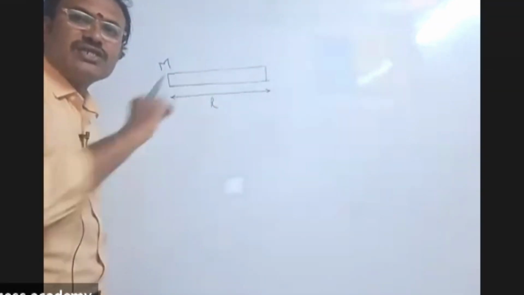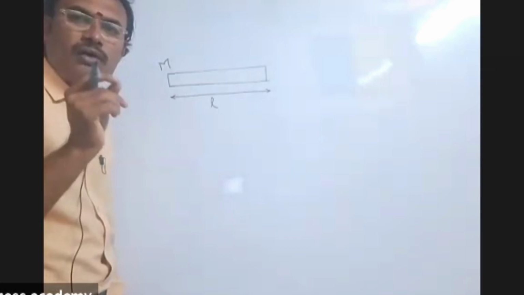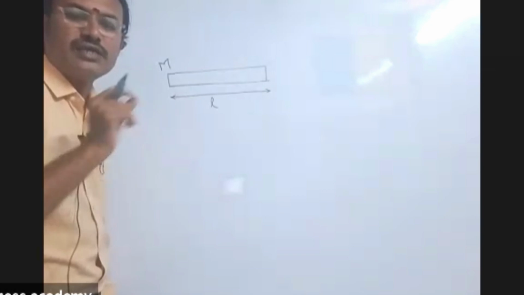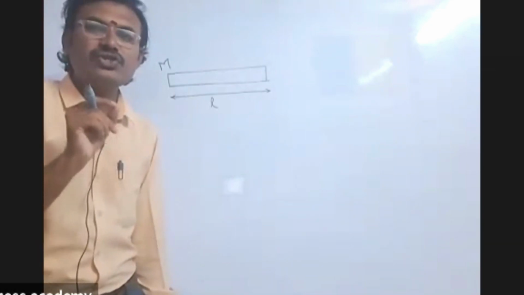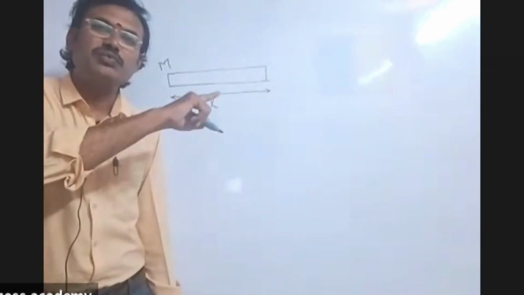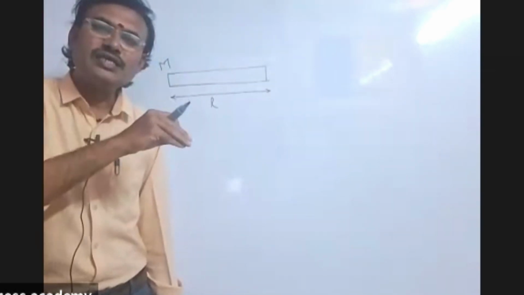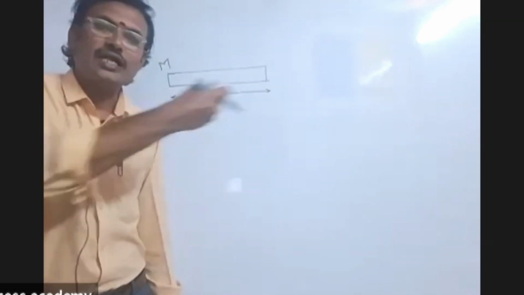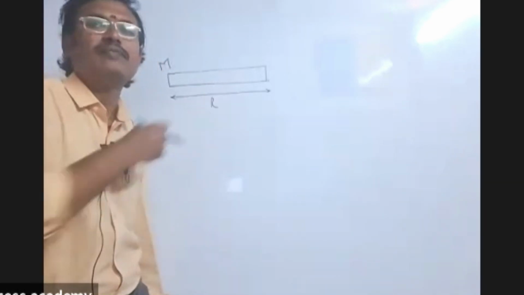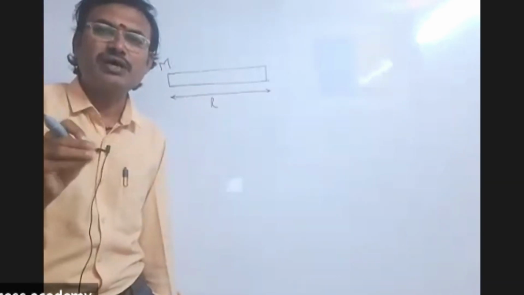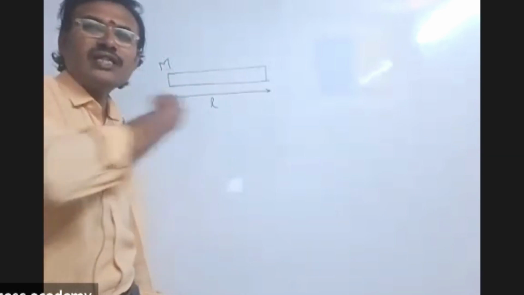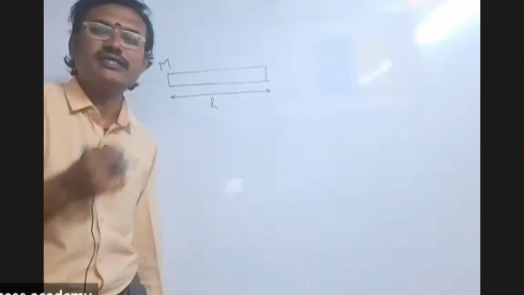For the continuous mass distribution, we take one physical quantity, and that physical quantity is linear density. Linear density is the physical quantity we consider for continuous mass distribution if the substance is like a rod. In the case of the rod, what is the main dimension? Length is the main physical quantity. The particles are arranged along the length, either the x-axis, y-axis or z-axis.